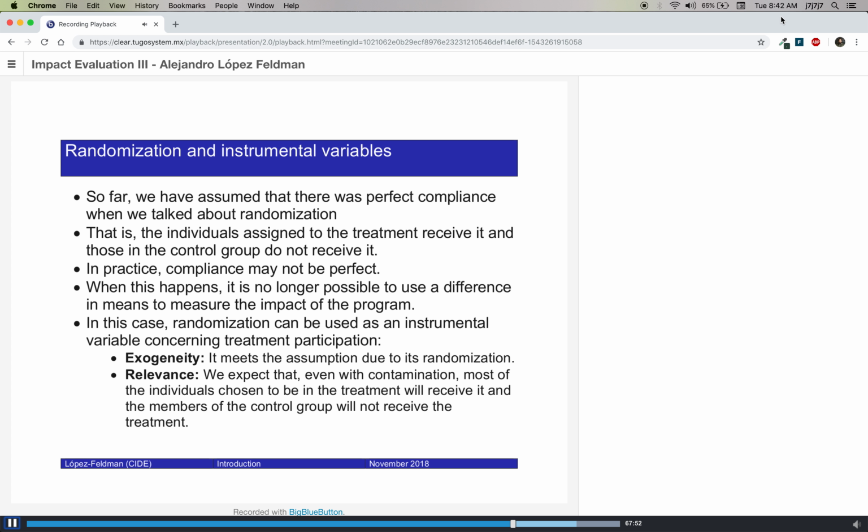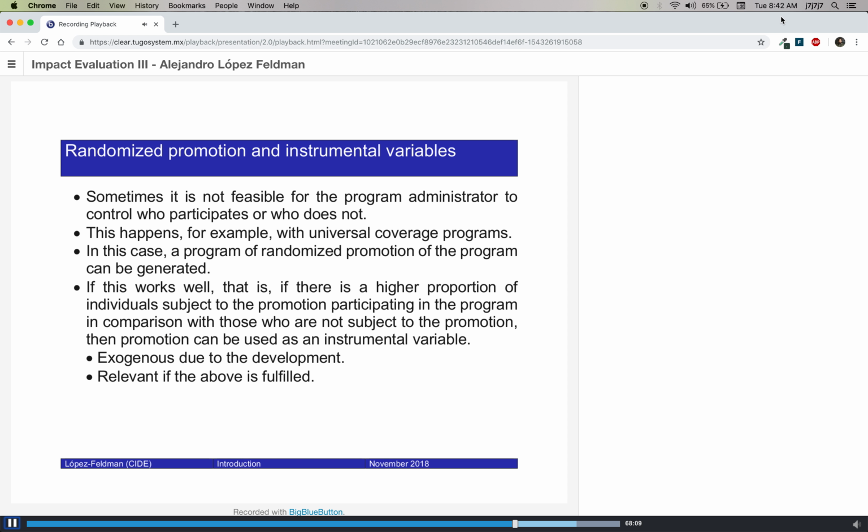Another possible use has to do with randomization and instrumental variables. So how can we have an instrumental variable from the beginning? Well, maybe in some contexts it is not going to be possible to have randomization because maybe this is a coverage program.